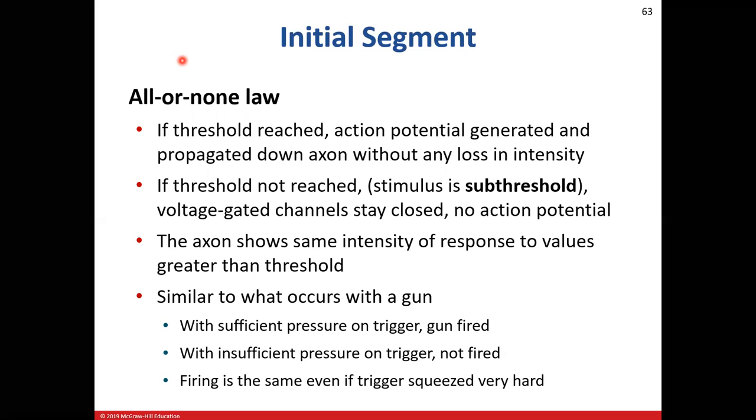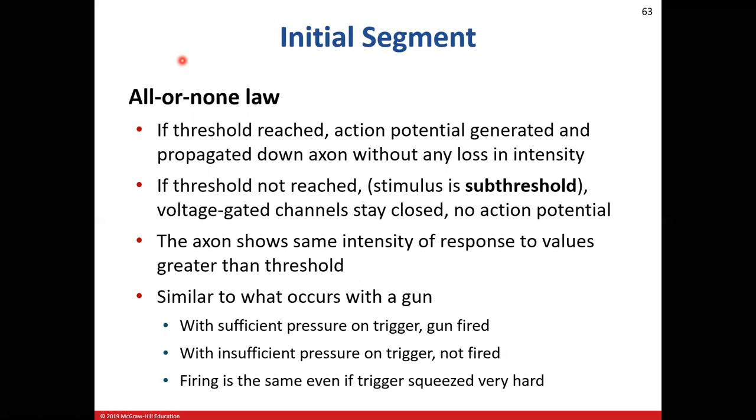So again, it's very similar to what occurs with a gun as far as the action potential. If you pull the trigger and get sufficient pressure on it, the gun is fired. If there's not enough pressure on it, there's no firing of the gun. There is no partial firing.